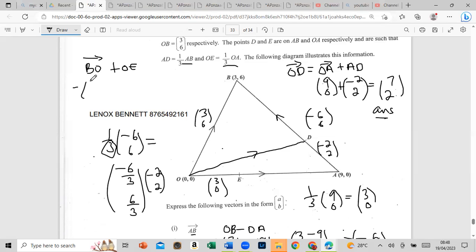Everyone should be getting straight A's as long as you're part of this channel. With OE, we're going with the arrow, so we don't need to put a negative. Once you're going against the arrow, you have the negative, but once you're going with the arrow, you don't need it. So let us simplify this. If you put the negative in, it's going to be negative 3 and negative 6, plus 30.